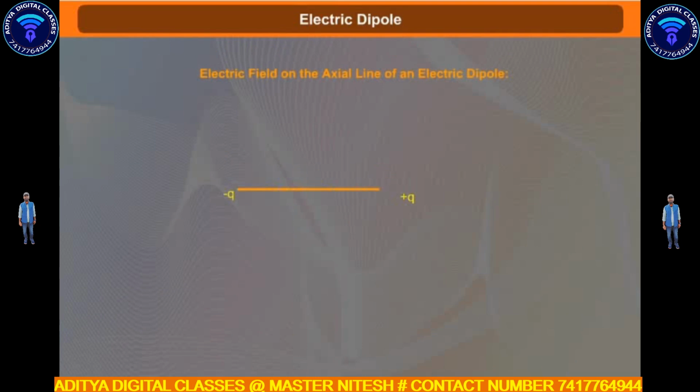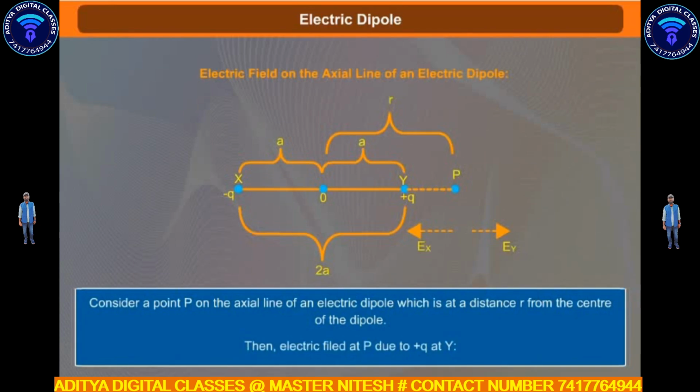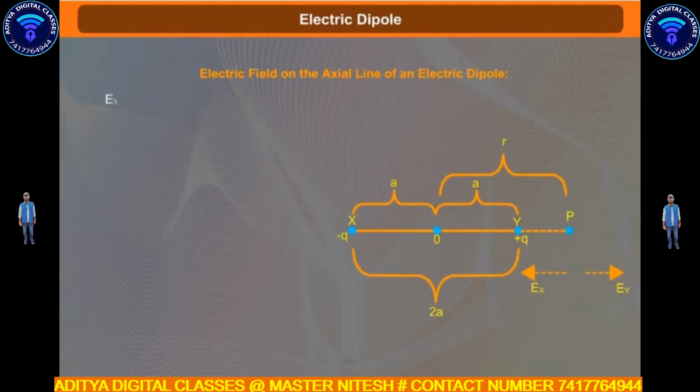Electric field on the axial line of an electric dipole. Consider a point P on the axial line of an electric dipole which is at a distance r from the center of the dipole. Then the electric field at P due to plus q at Y is given by Ey equals 1 by 4 pi epsilon node q by YP square, and its direction is along YP.